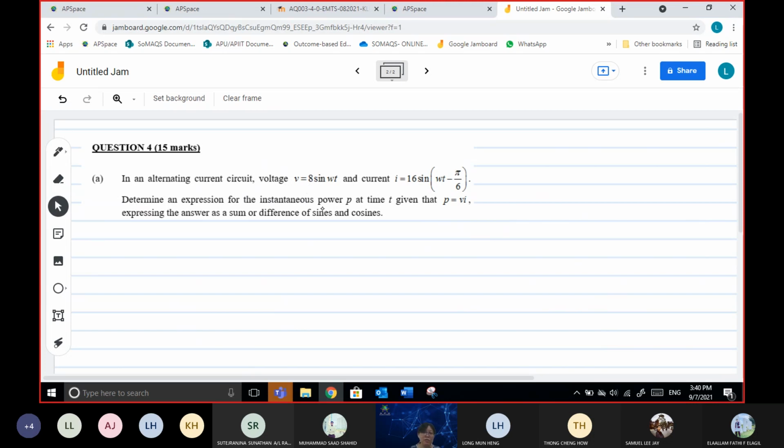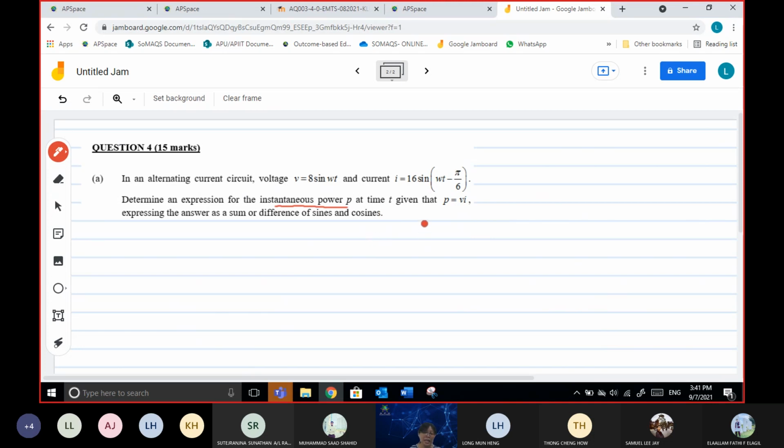Determine an expression for the instantaneous power P at time t, given that P equals VI. For this one, you may not understand. I may not understand that as well, because we need some engineering background to understand this part. That is not my area also.